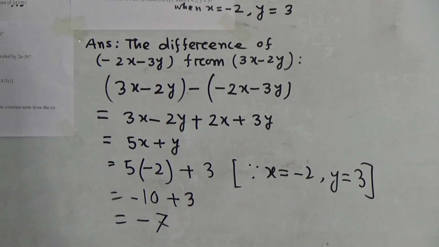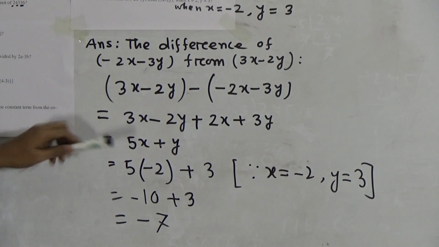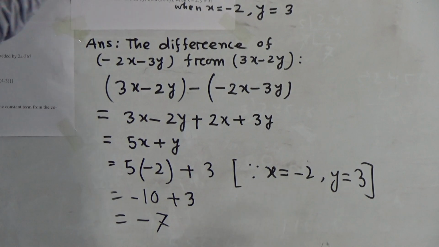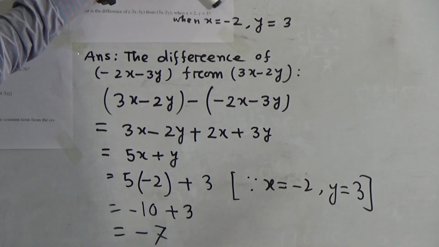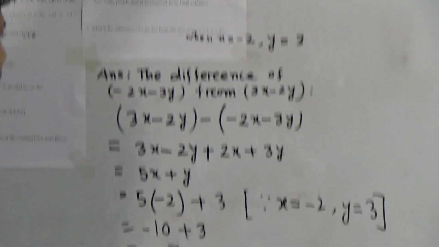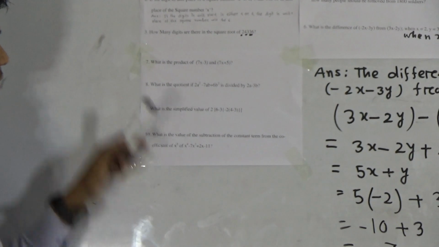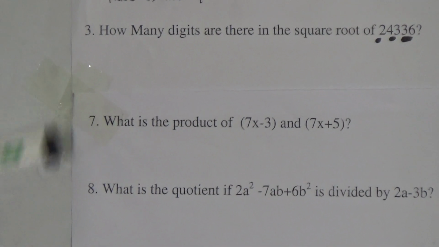Okay, I hope you understood question number 6, and you have to solve like this way. But remember x equal to minus 2, this will be minus 2. Now question number 7.